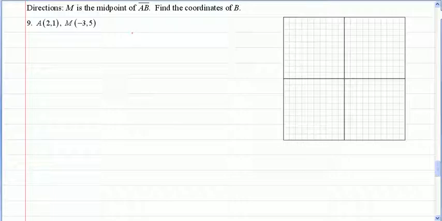So for the rest of the problems, the directions are that M is the midpoint of segment AB, and we want to find the coordinates of B. So in this one, we're going to start by graphing and find our answer graphically, and then we'll look at using the midpoint formula in case we don't have a graph. So first let's start by graphing A. 2, 1 is right 2, up 1.